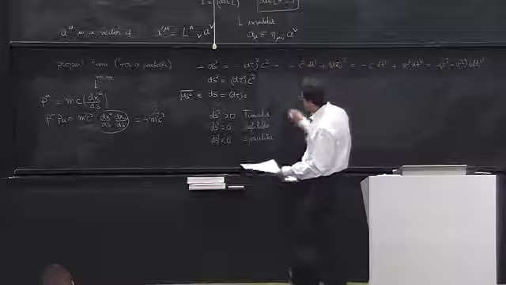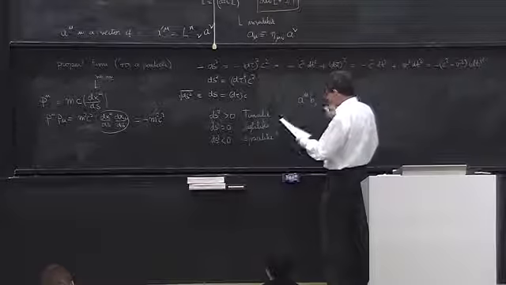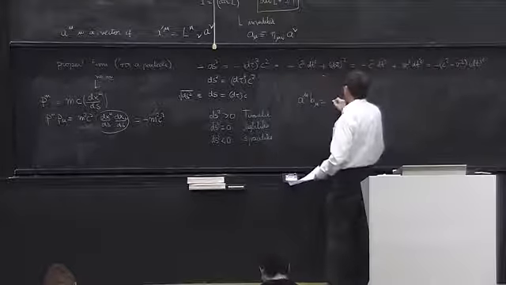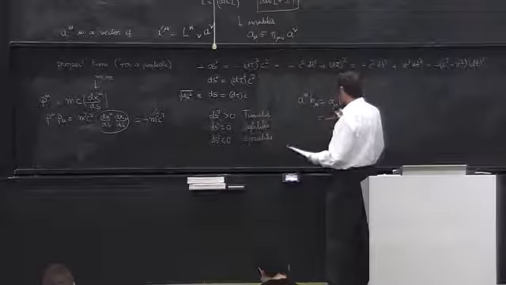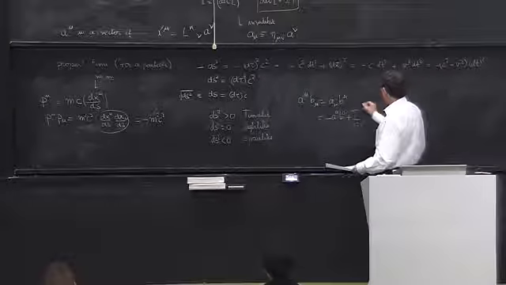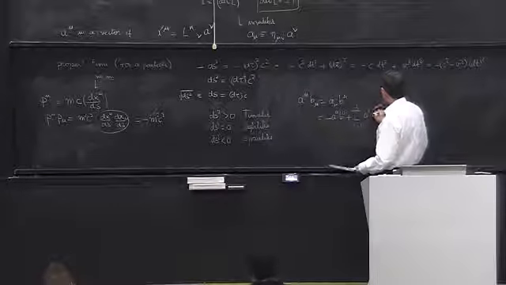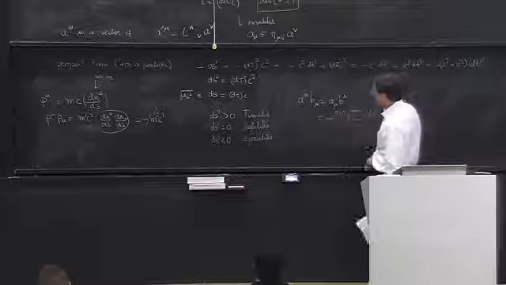So one more piece of notation: A mu, B mu, the dot product. You can raise or lower indices, A mu, B mu, and it's minus A0 B0, plus the sum from i equal 1 to 3 of A^i B^i. So if you use both 0 and 0, the minus shows up.